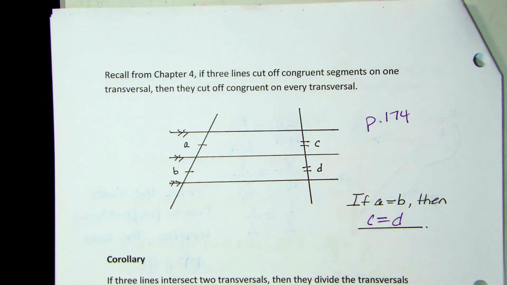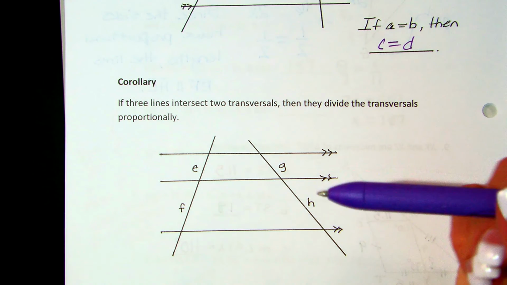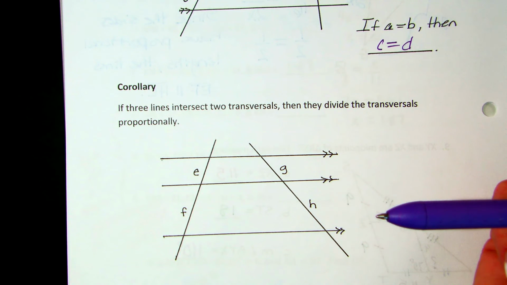But the sometimes part, here's the other scenario. So we have a corollary that says if 3 lines intersect 2 transversals, then they divide the transversals proportionally.